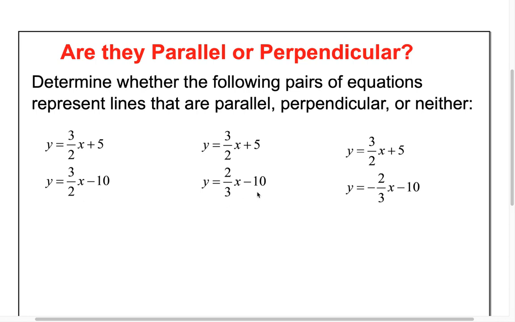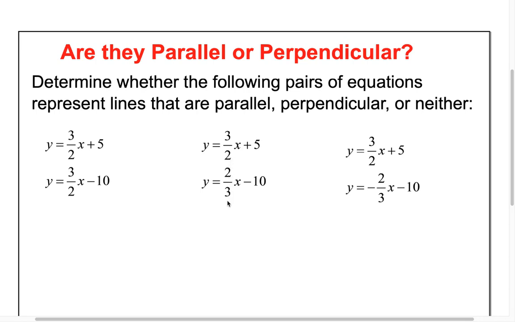Okay. For the next set of lines, I have y equals 3 over 2x plus 5 and y equals 2 over 3x minus 10. So when I look at those slopes, first of all, I can see that they're not equal to each other. So I can rule out the possibility of them being parallel. I know they're not parallel, but they might be perpendicular. So how can I check that? First of all, if they're perpendicular, they're going to have opposite signs. When I look at this one, it is a positive slope, so it's going to go up to the right.